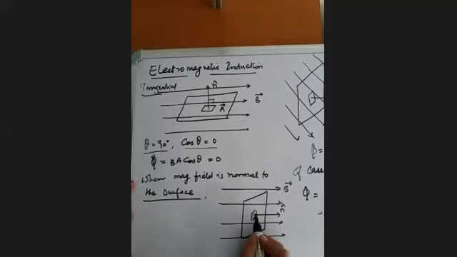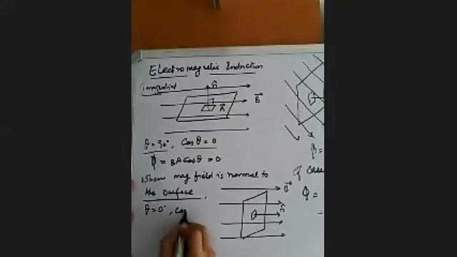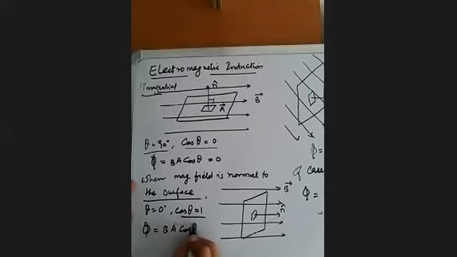Now, what is the angle between n cap and the direction of magnetic field? Theta is equal to 0 degree. So that means cos theta is equal to 1. So that means flux will be BA cos theta, which is equal to BA.